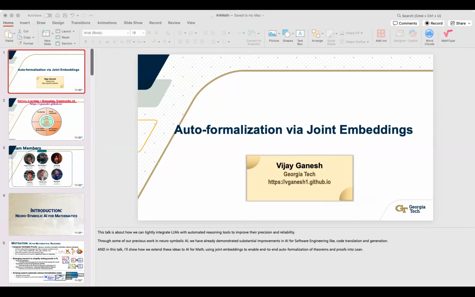So actually, allow me to first give you the conceptual idea, and then I'll go into the details. Imagine that you want to train a model and you want to input to the model a natural language theorem statement.